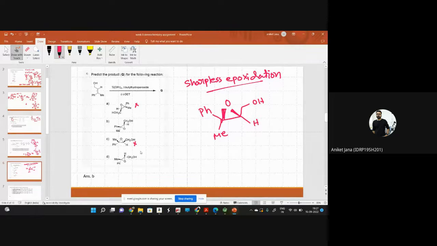So among B and D, which one is the right option? B, exactly. If we rearrange the structure, if we tilt it at some angle, then it will be like the epoxide is formed above the plane, right? So B is the right answer.